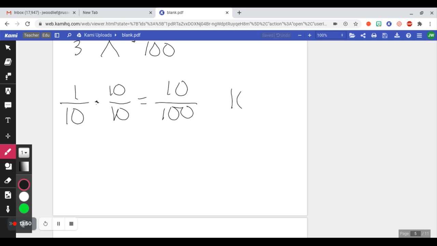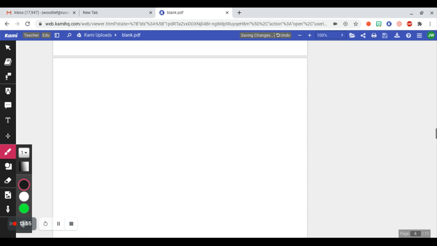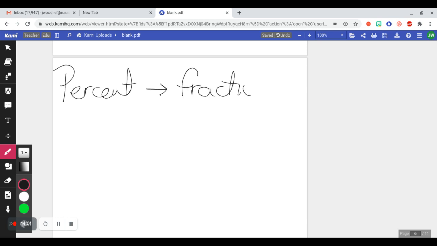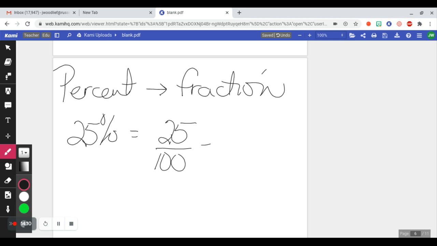So therefore, you know that is 10%. And the same way from a percent to a fraction, you can do that as well. If you have a percent, you know the percent can automatically be written over 100 and then reduced, and that would give you a fraction.